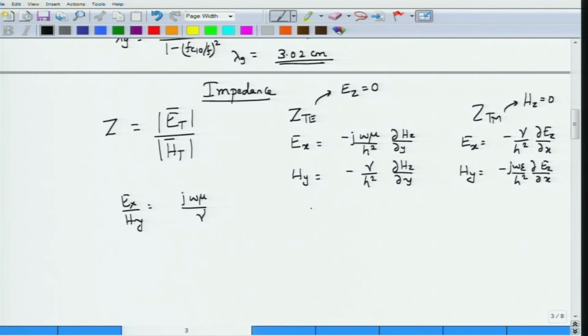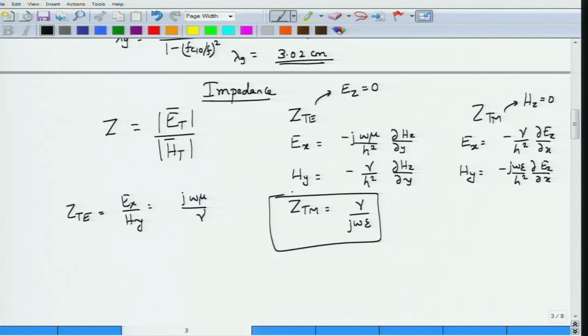Again taking the ratio of these two, the minus sign will cancel, h square will cancel, and what you get is ZTM equal to gamma by j omega epsilon. These equations allow you to write down the corresponding transverse components in terms of the impedances.